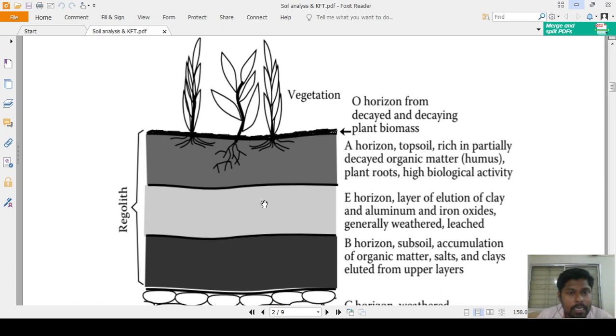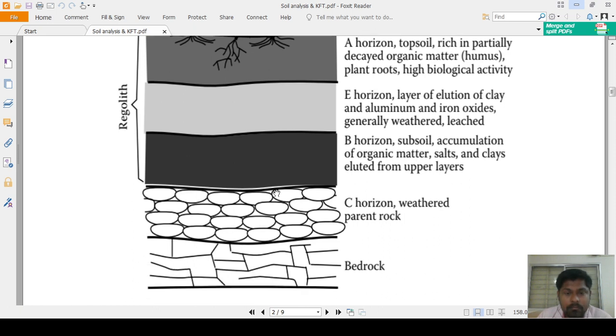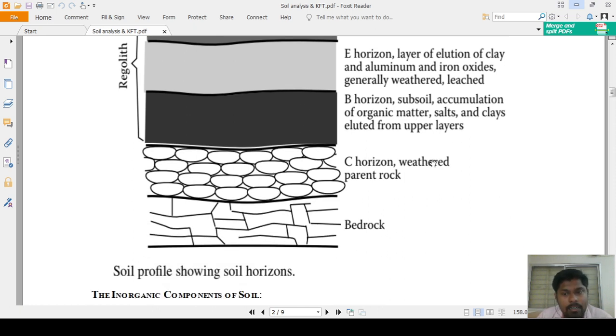The next level is called the E horizon, the layer of elution of clay and aluminum and iron oxides, generally weathered or leached. That is the B horizon, called subsoil, the accumulation of organic matter, salt and clay eluted from the upper layers. Then that is called the C horizon, the weathered parent rock, and that is known as the bedrock.